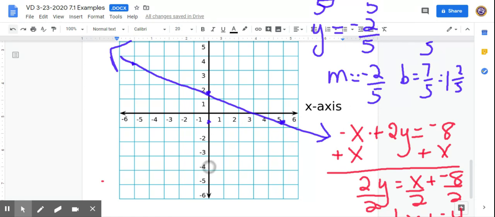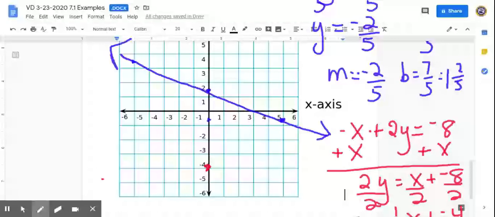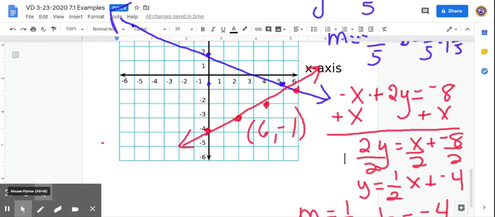I don't know where it went, and I don't feel like doing it all over again, to be honest with you. So -4, up 1 over 2, up 1 over 2, up 1 over 2, and we have 6, -1. All right. Sorry about that.